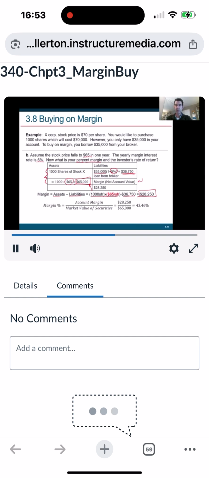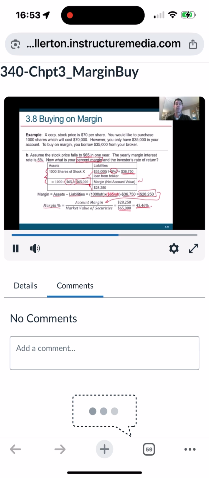All right. And then what is it asking me for? It's asking me for actually two things. The first one is, what is my percent margin? Always the same formula. Take account margin. We just calculated that. That's 28,250. Divide it by the market value of the securities. How much are the securities worth? 65,000 now. I take that ratio and what do I get? 43.46%.